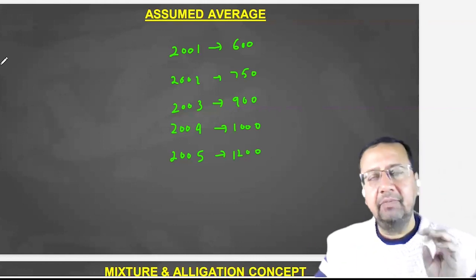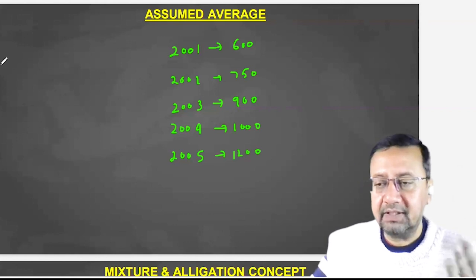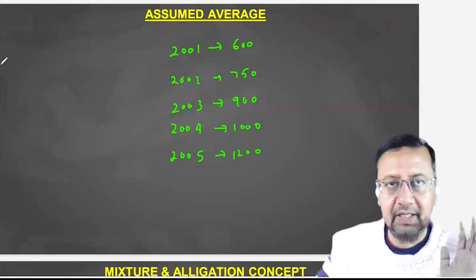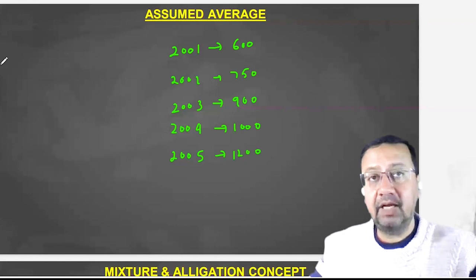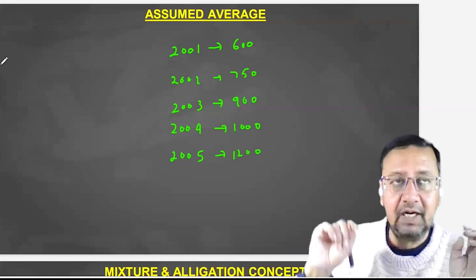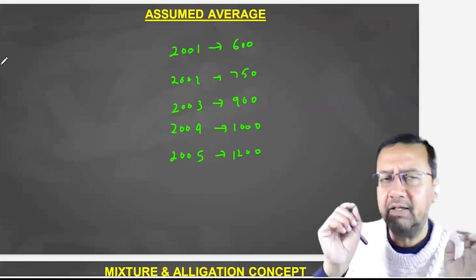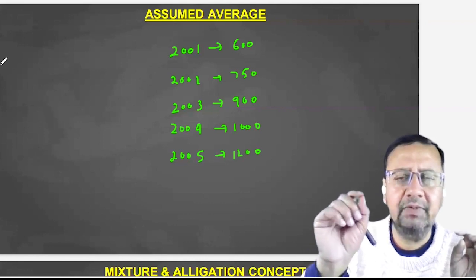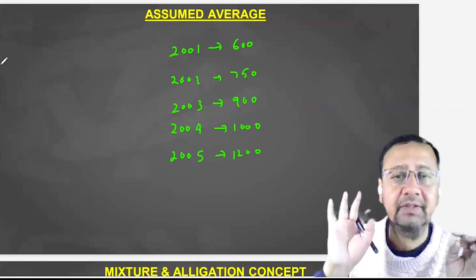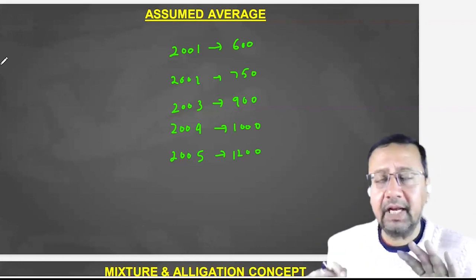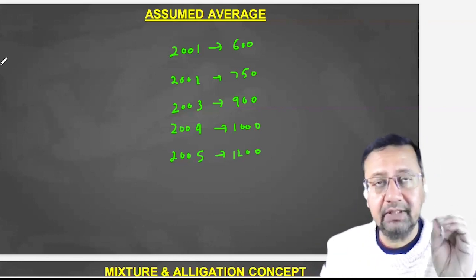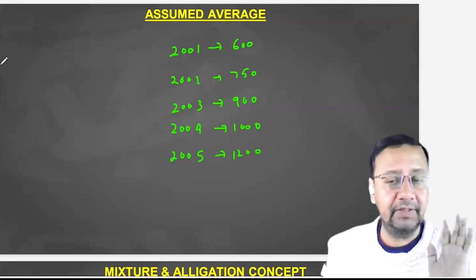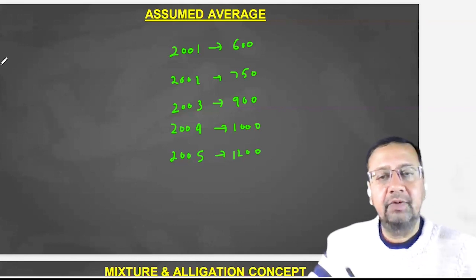Maybe you have invested in some mutual fund, and you're looking at the graph for the last 5 years and saying, my return must be somewhere around this much percentage. This much is my average. You're not actually calculating, you're just taking some rough figure.